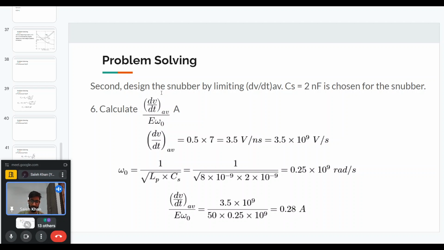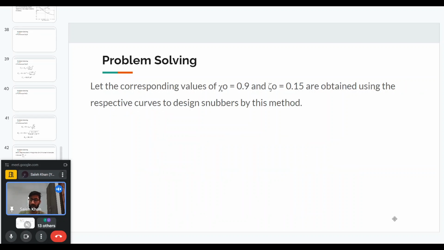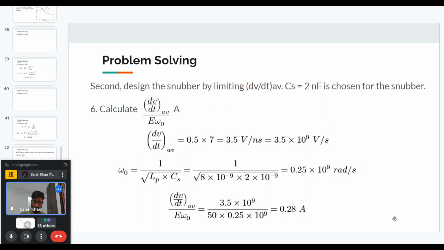If you see the unit, this whole thing comes across in amperes. So based on these values, we found the value of this expression, dVdt average divided by E omega 0.